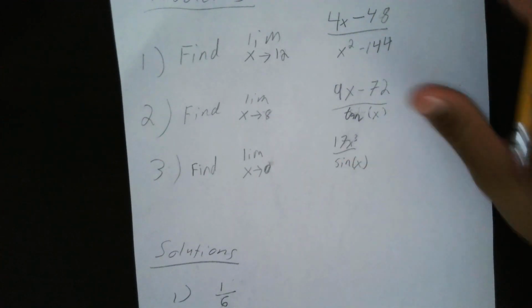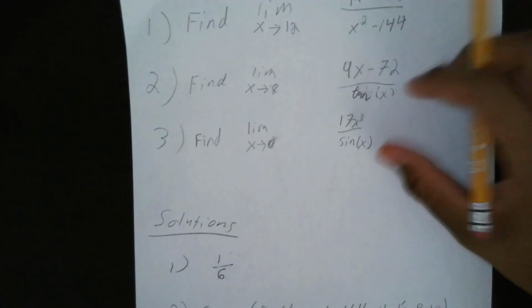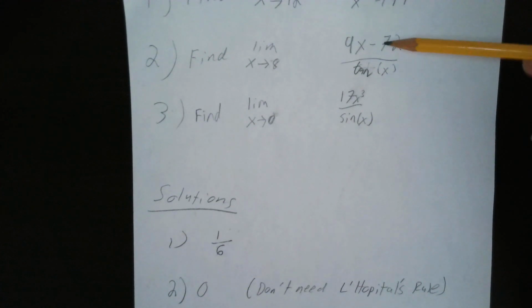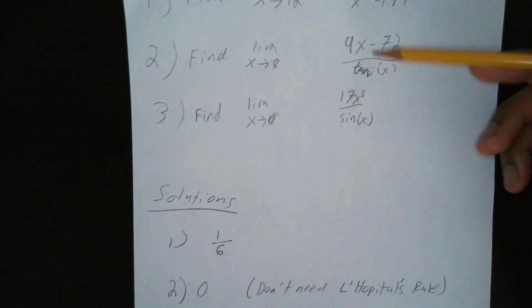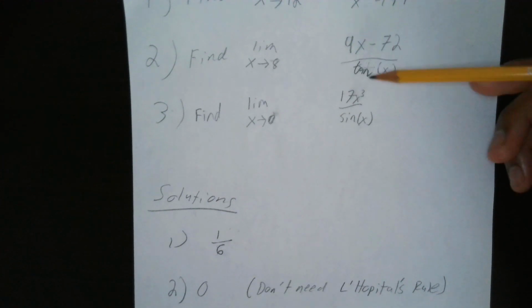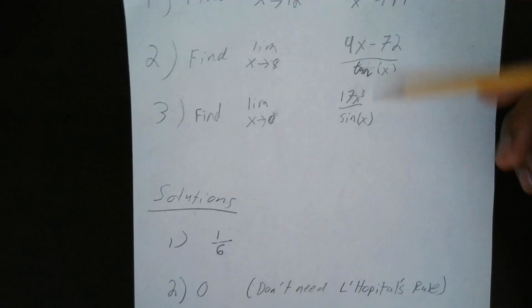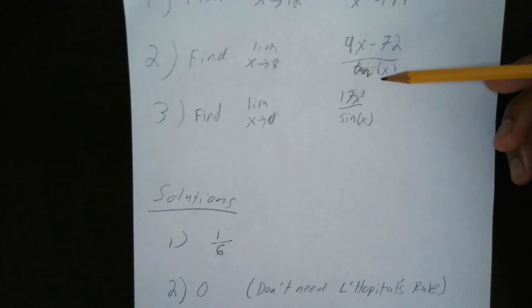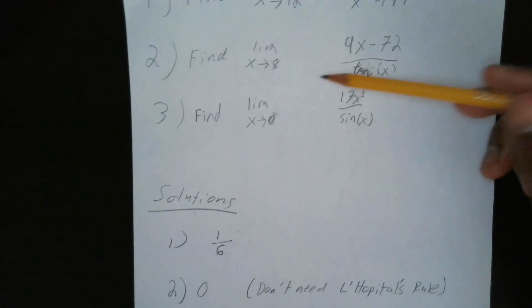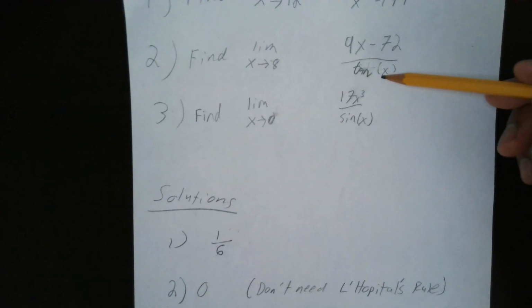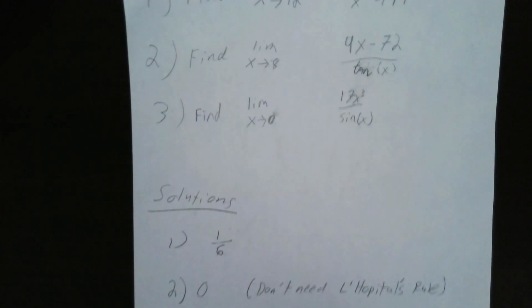Then for problem 2, the answer is going to be 0, and you didn't need to use L'Hopital's rule for this. But if you did, you would have been wrong. Because if you were to try using L'Hopital's rule, tan of x, if you plug in 8 for x, it's not going to be 0 or infinity.